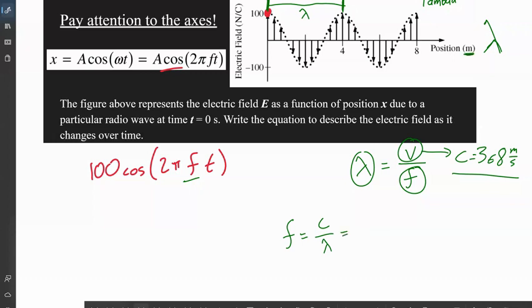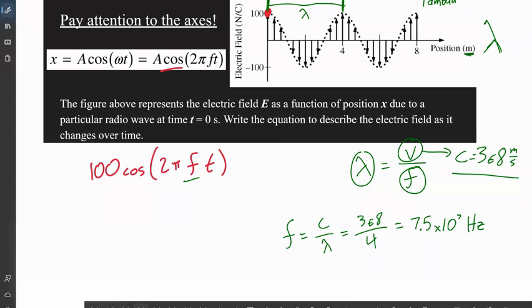Position is meters. Okay, so this is just a straight up axis, 4 meters. Here is our wavelength, so 3 times 10 to the 8th over 4 meters. If we do that, 3e8 over 4 meters, I get that my frequency is 7.5 times 10 to the 7 hertz.